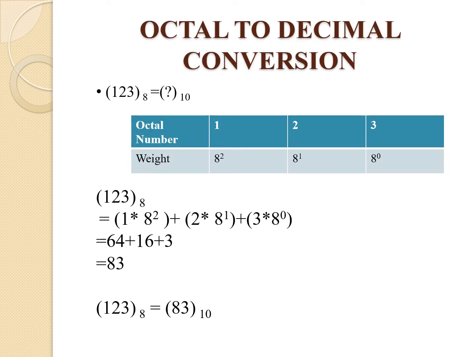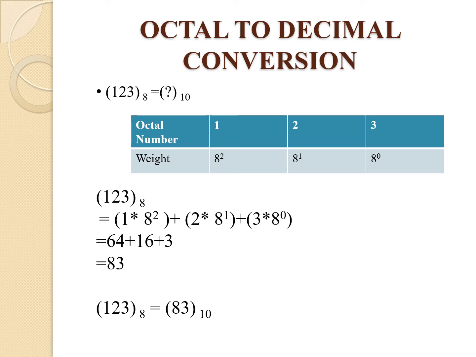Now octal to decimal conversion. If we have a number 123 in octal, what is the equivalent of 123 in decimal? Again we have to follow the same procedure. Write down every digit of the octal number given and the corresponding weight associated with it. As we have seen previously, for the unit digit the weight is power 0, that is in our case octal, so 8 to the power 0.